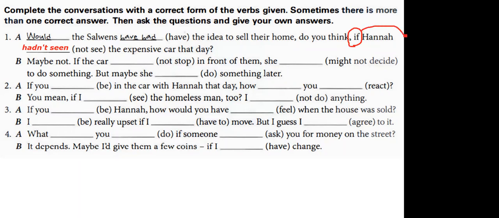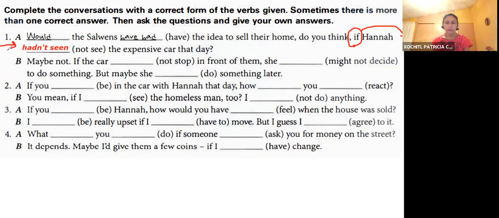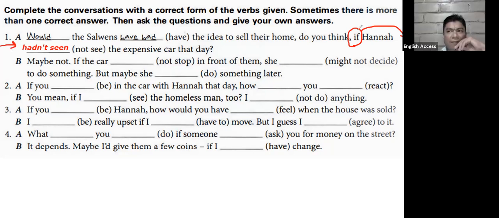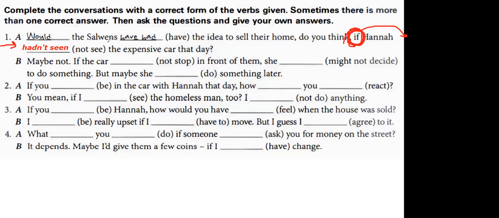If Hannah didn't see, no. Hadn't seen. Couldn't, wouldn't? Why? We have if. It's if. It's not present.